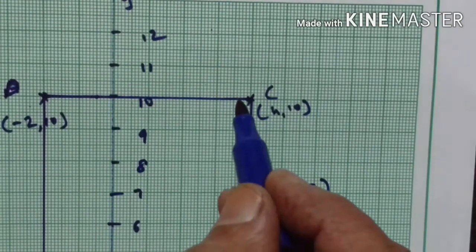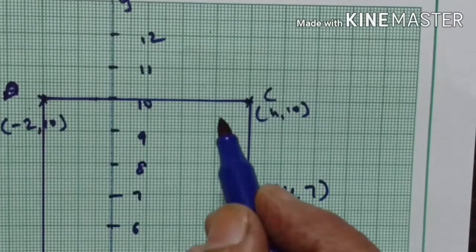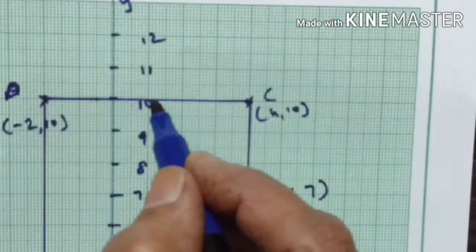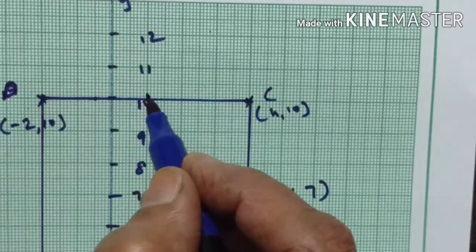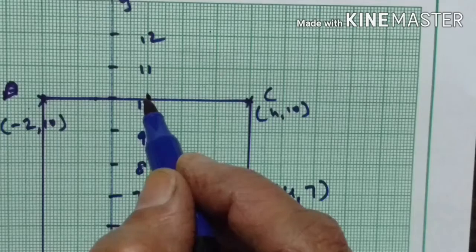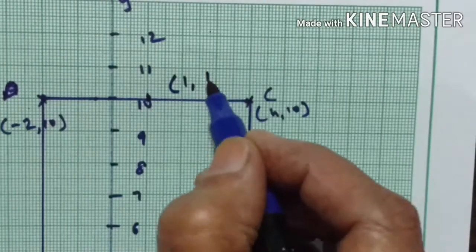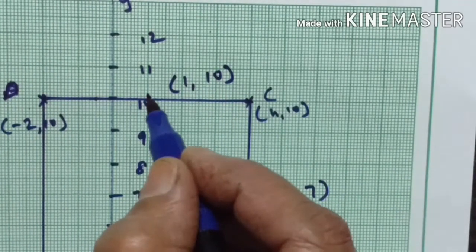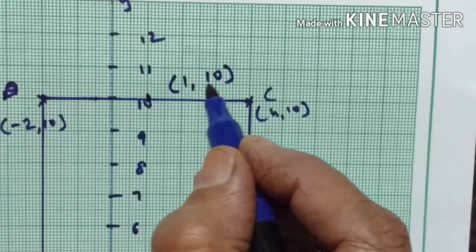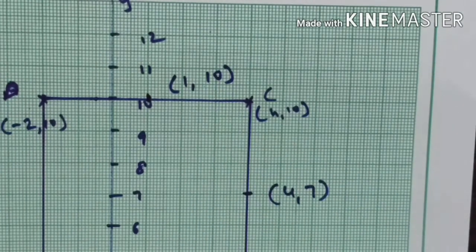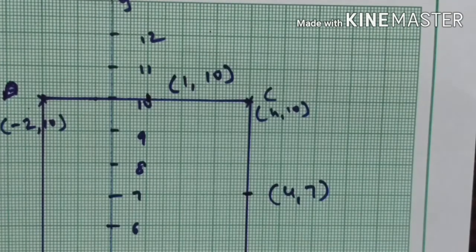The midpoint is equal to what? This is the midpoint. This is 1 and 10. This point is the midpoint of DC. Next, the coordinates of the point of intersection of the diagonals of the square ABCD.